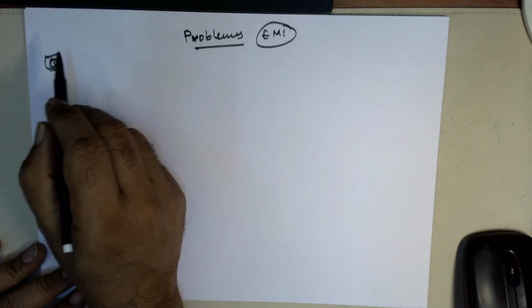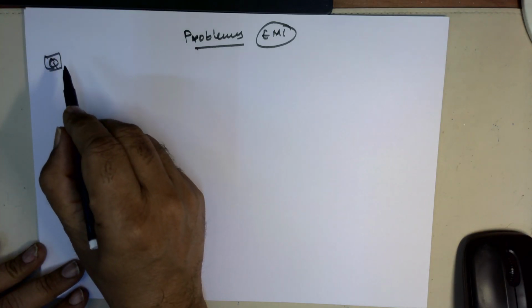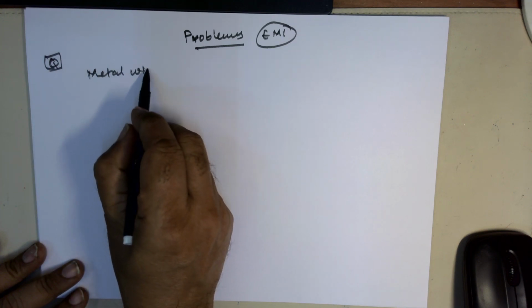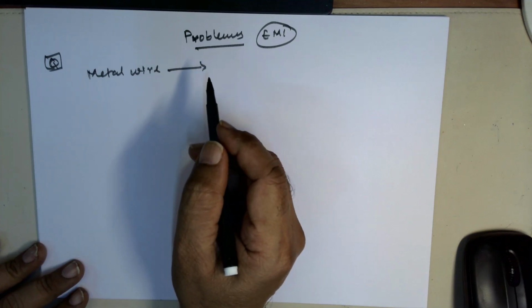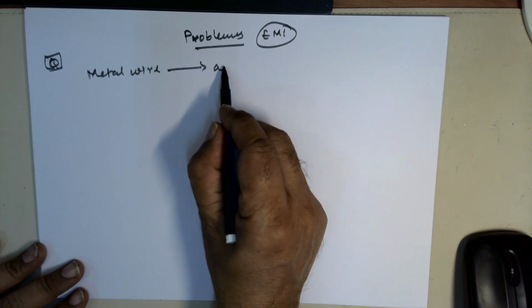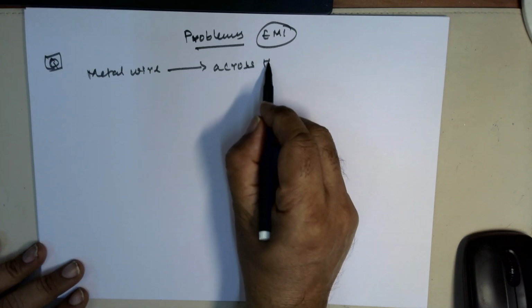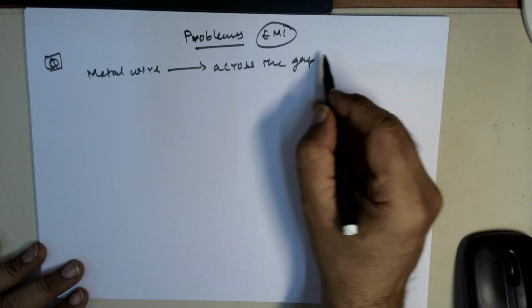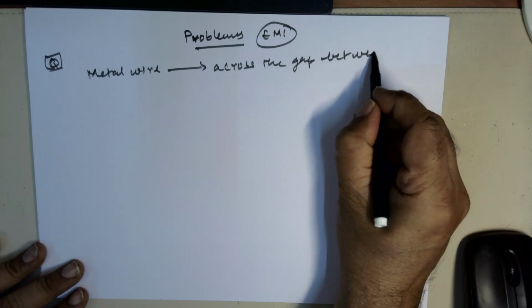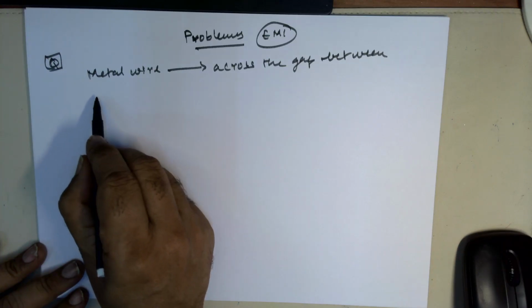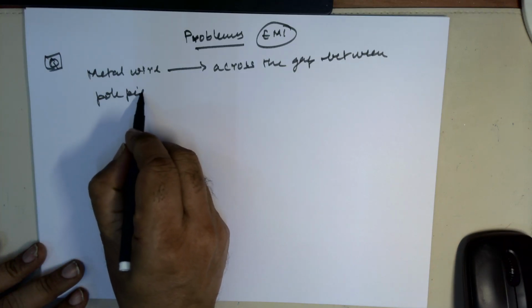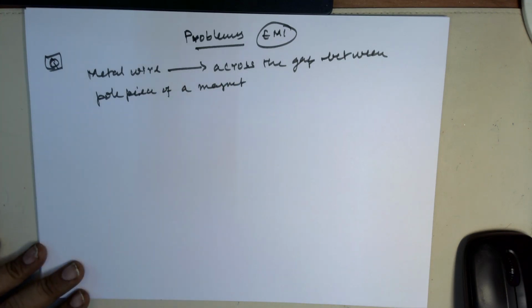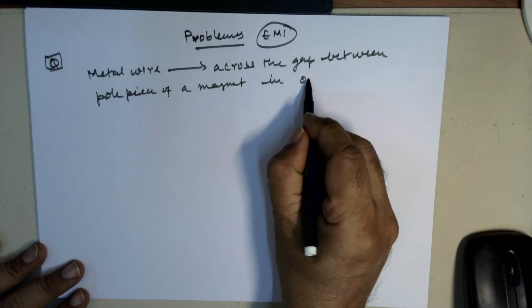A small piece of metal wire is dragged across the gap between the pole pieces of a magnet in 0.5 seconds.